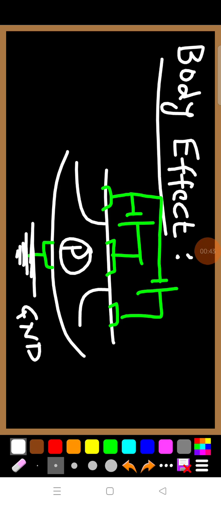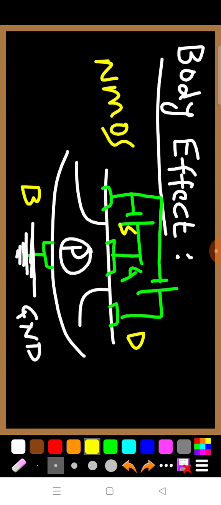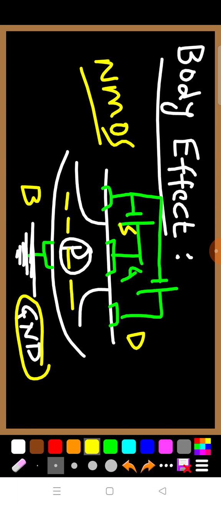Now we can see the next non-electrical property, which is the body effect. We know that in a MOSFET we have 4 terminals: gate, source, drain and body, which is the bulk. Whenever the body of an NMOS transistor is connected to ground, it will repel the electrons and help us form a channel very quickly.